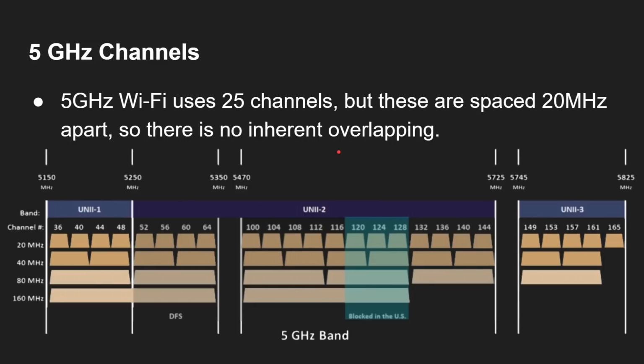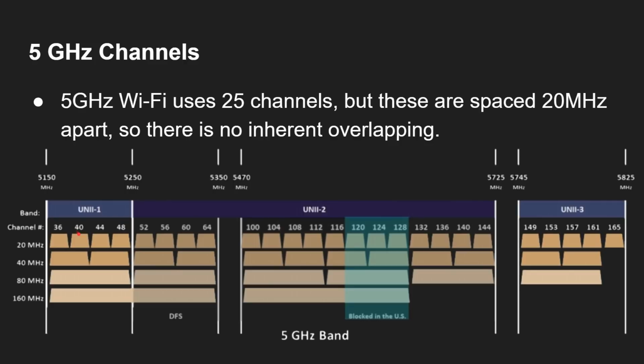Now, 5 gigahertz uses 25 channels that are spaced 20 megahertz apart. So there's 25 channels now to choose between, not just 3, and they are spaced properly apart. In fact, if you look at the diagram here, you can see that it's channel 36 and channel 40. Well, actually, that's 4 lots of 5 megahertz. So they are still 5 megahertz apart, but we only use 36 and then 40, 44 and then 48.